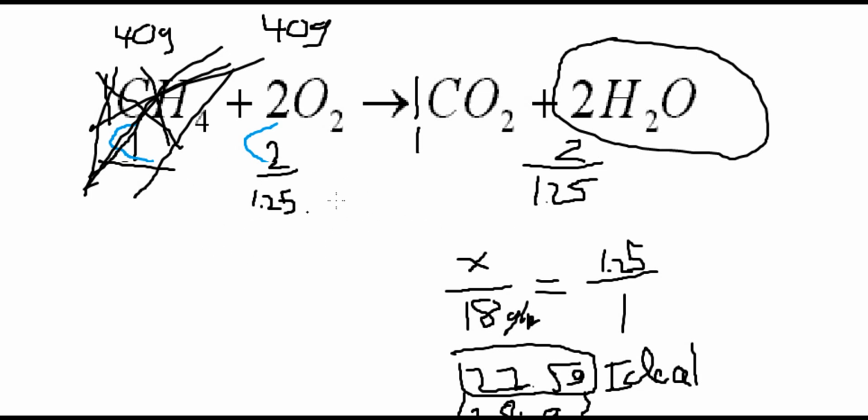So if we know that we have 40 grams of O2, equal to 1.25 moles, then we could look at the ratio and say, okay, let's plug this in and see how many grams we should get. We figured that we should get 22.5 grams of H2O if we put in 40 grams of O2 and 40 grams of methane. So that is your theoretical yield.